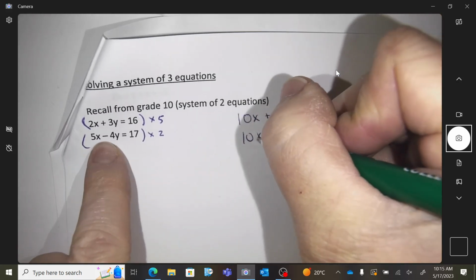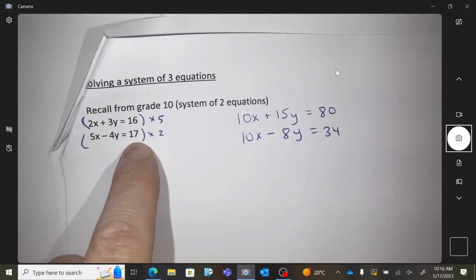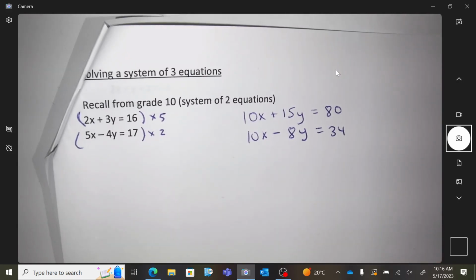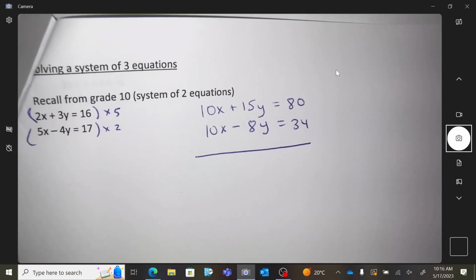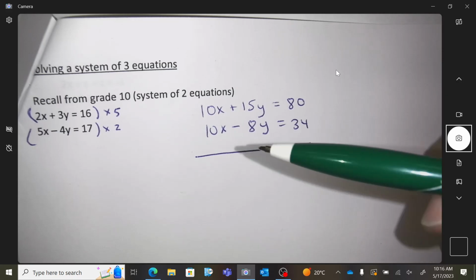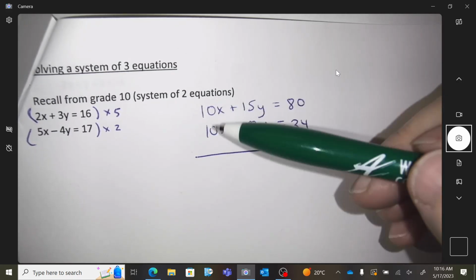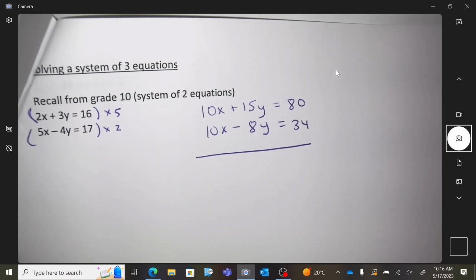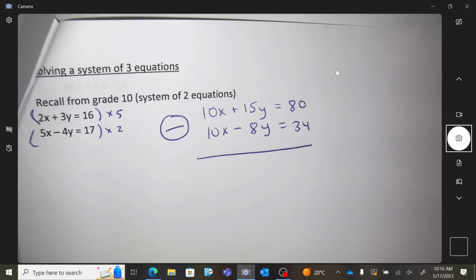So 10x minus 8y equals 34. Okay, now here's my question. How do I get rid of these x's? Would I add them together or subtract them? Subtract them. So I'm going to subtract these lines.